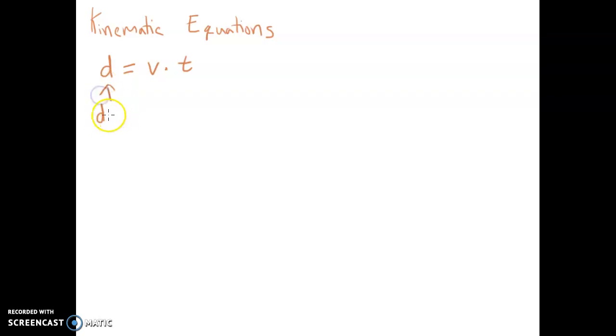So in this equation, the D stands for displacement. The V stands for velocity, and the T stands for time. So, in order to use this equation correctly, you actually have to use D as displacement, V as velocity, and T as time, not distance.